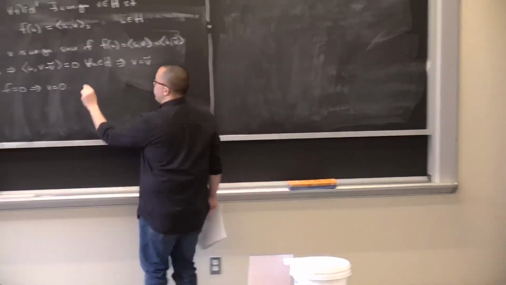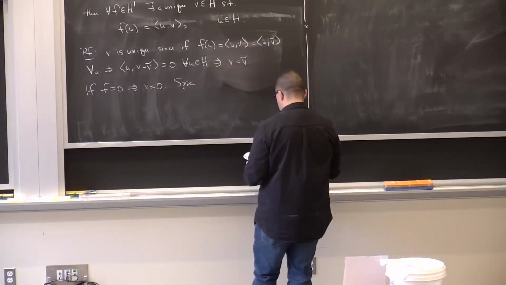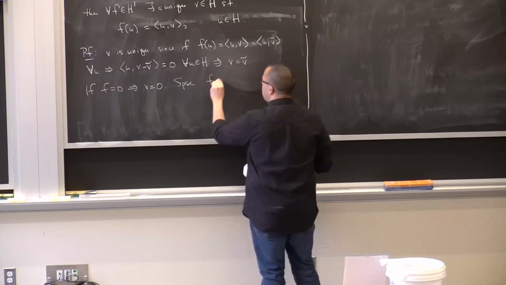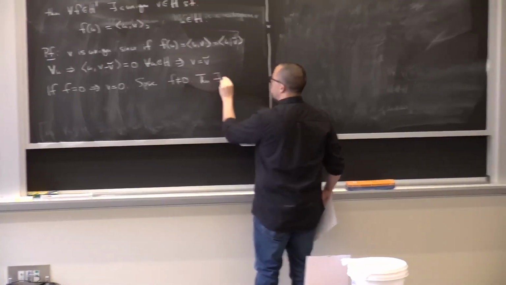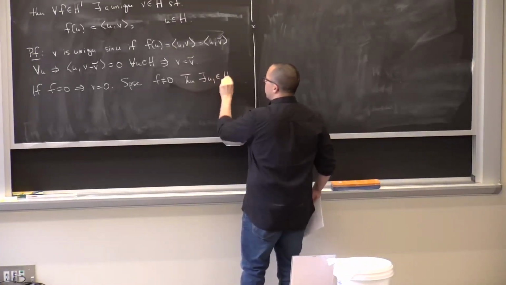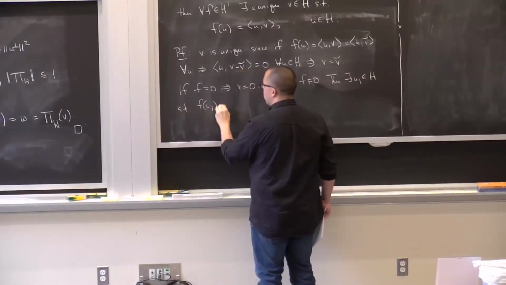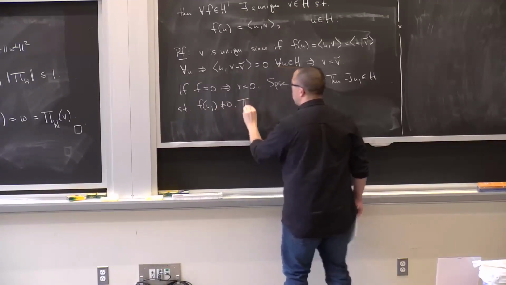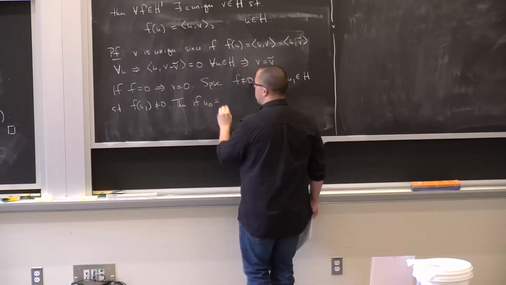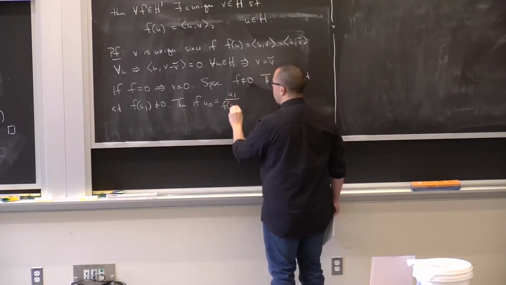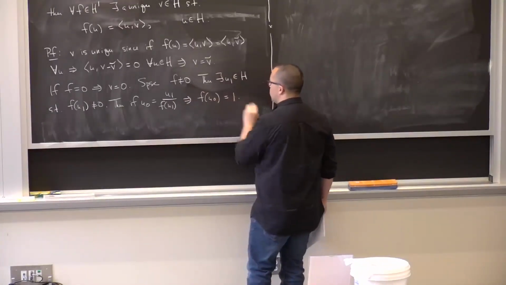So suppose now f does not equal 0, then there exists, let's say, a u1 in H such that f of u1 does not equal 0. Then if I take u naught to be u1 over f of u1, this implies that f of u naught equals 1.